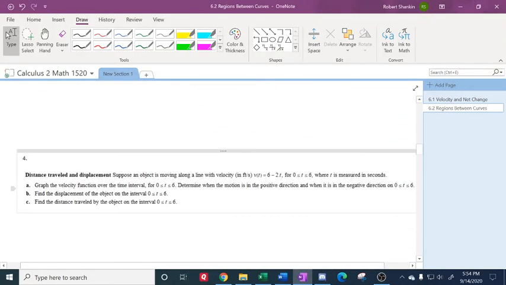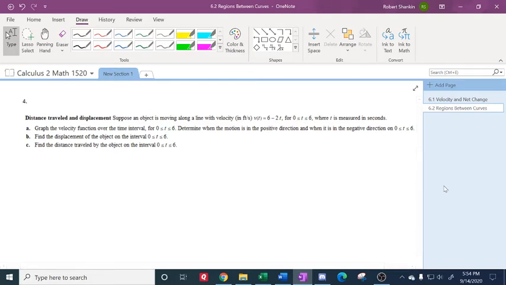Let's go to number 4. Distance traveled and displacement. Suppose an object is moving along a line with velocity in feet per second. And there's the equation. T is measured in seconds. Graph the velocity function. Determine when the motion is in the positive direction, when it's negative. So let's have everybody do just part A. I'll give you a little time for that.